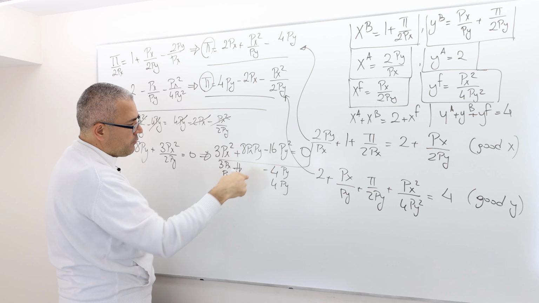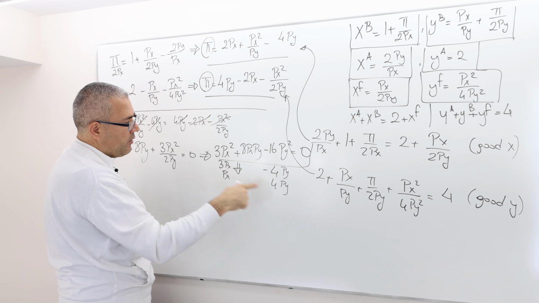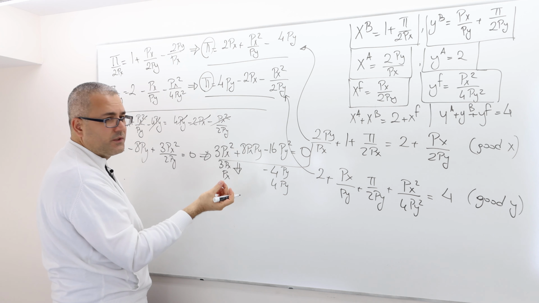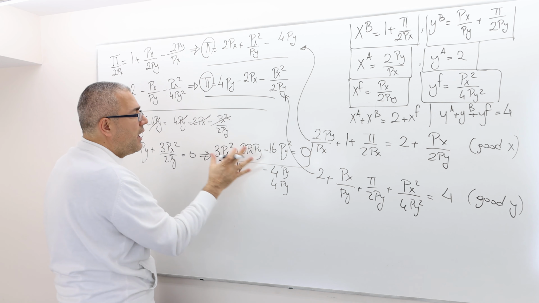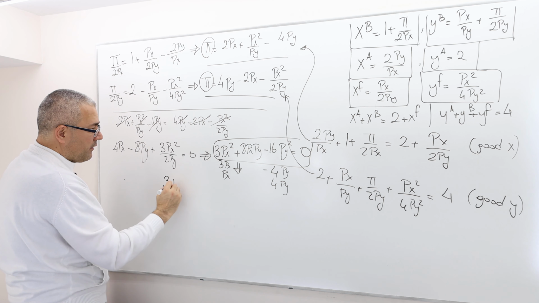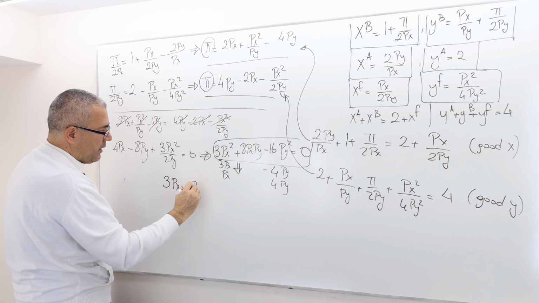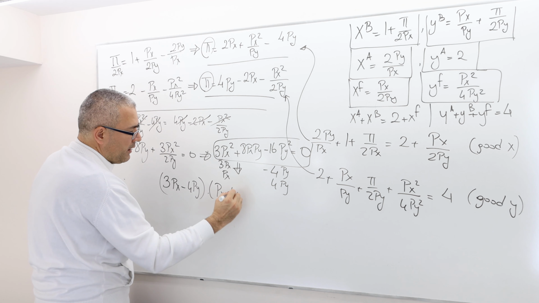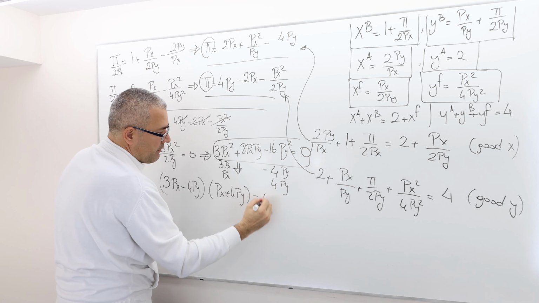So when I do the cross product, I'm going to have 12pxpy minus 4pxpy, so the sum is going to be 8pxpy, yes. Therefore, this equation is nothing but 3px minus 4py times px plus 4py equals 0.